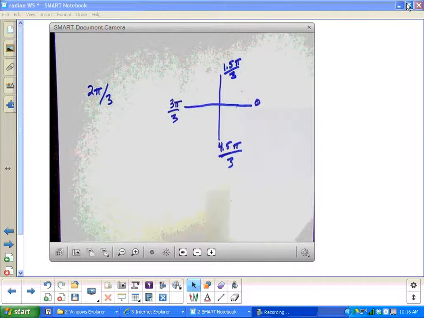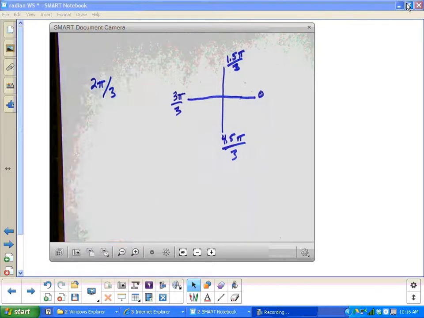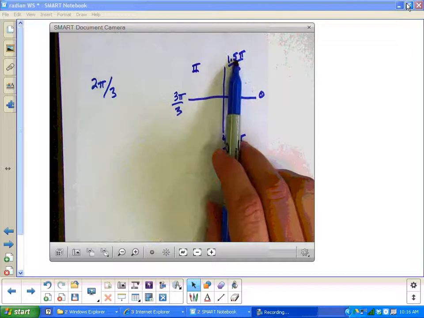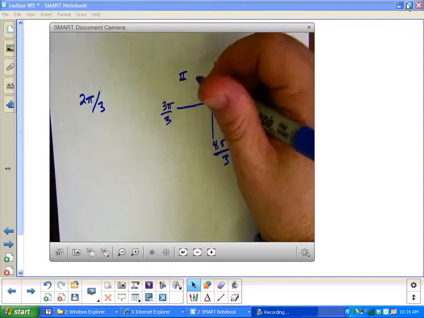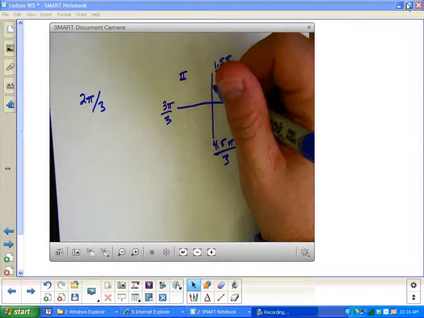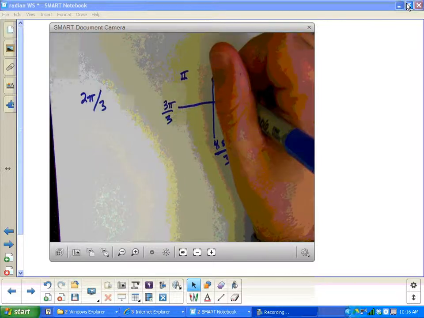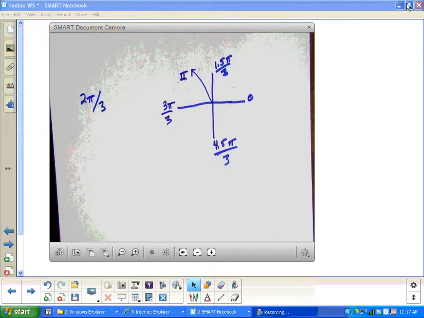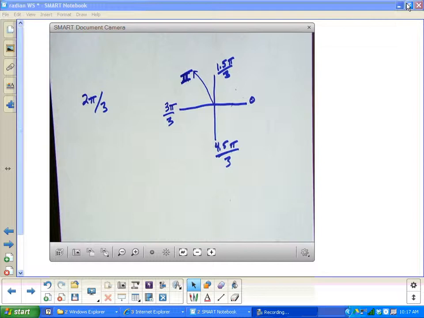Now, where would 2 pi over 3 fall? In the second quadrant, because it's bigger than 1.5 but smaller than 3. Probably about halfway, a little bit closer to the 1.5. Yeah, it's going to be in the second quadrant. How accurate you draw it doesn't matter. What matters is that you draw it in the right quadrant.